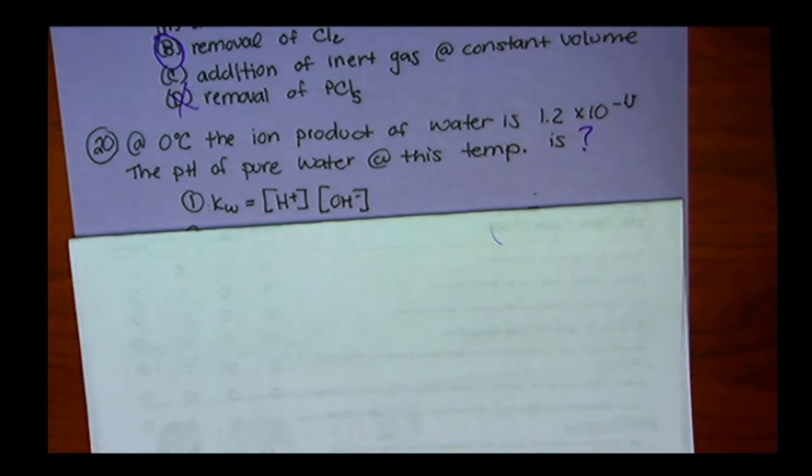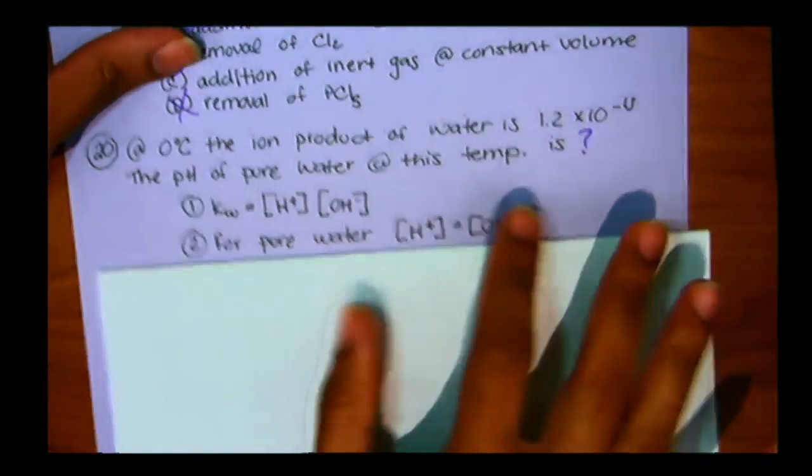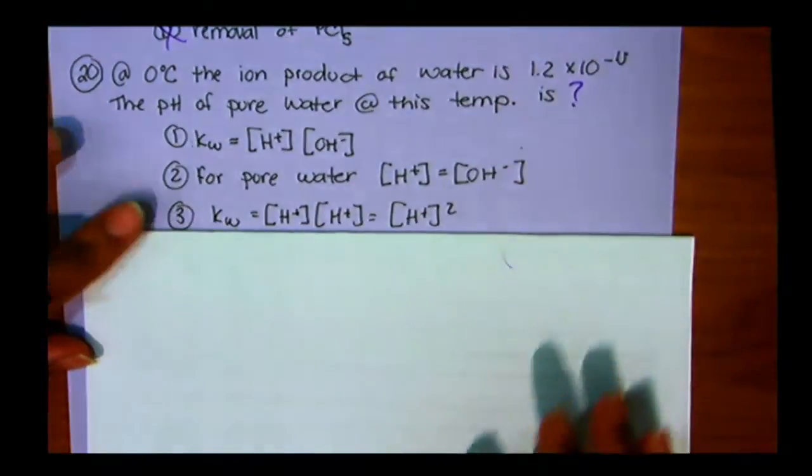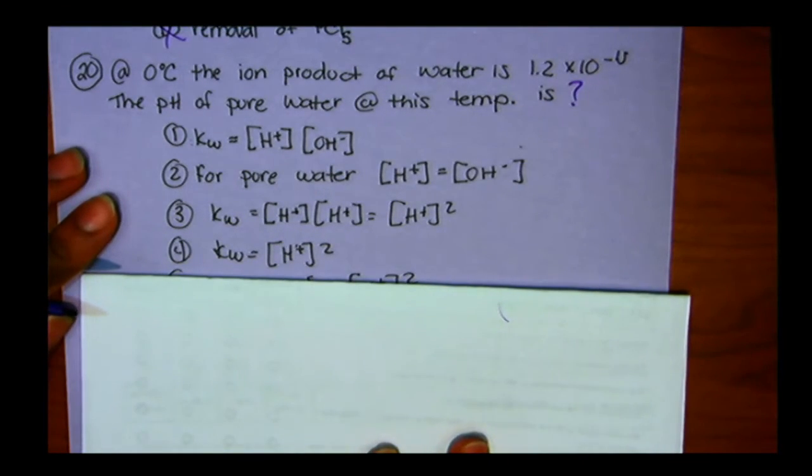Since they're asking me for pH, I'm going to keep the hydrogen ion. I'm going to substitute another hydrogen ion for my hydroxide ion, plug it into the Kw that they gave me, and take the square root. That's going to give me my H+. Follow it all the way down. Once you find your H+ concentration, plug it into pH, solve for pH, 7.46.